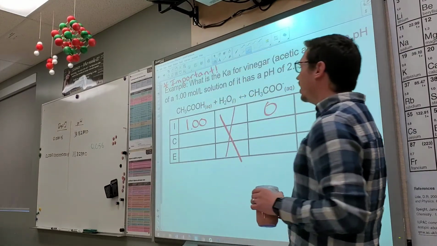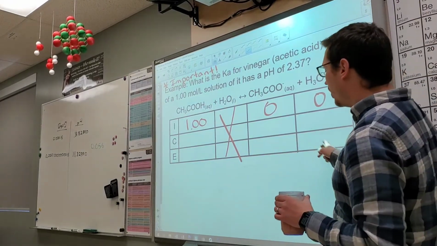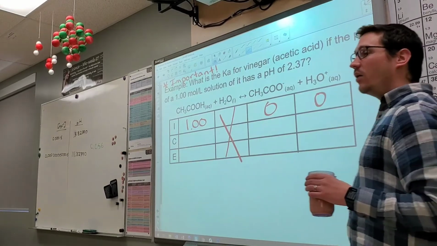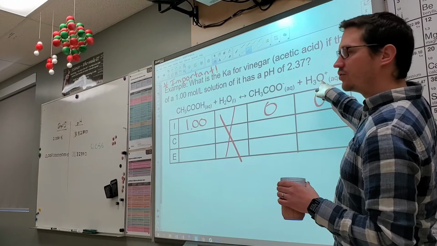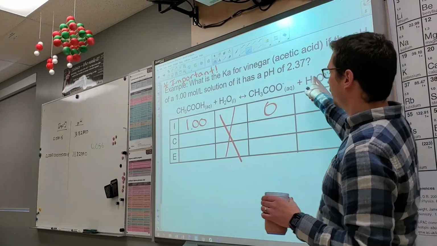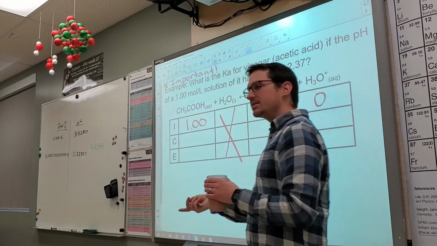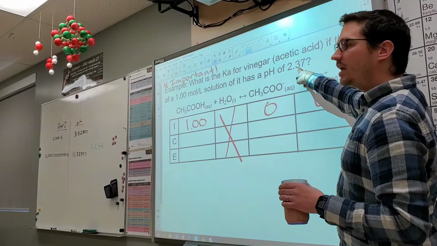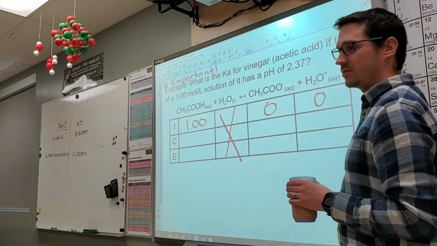Now, we can't really complete the rest of the table unless we know a little bit about an equilibrium value here. How do we make hydronium in this reaction? Where does it come from? The acetic acid. So once we added the acetic acid, then we measured the pH. Remember, pH is a measure of the equilibrium hydronium concentration.